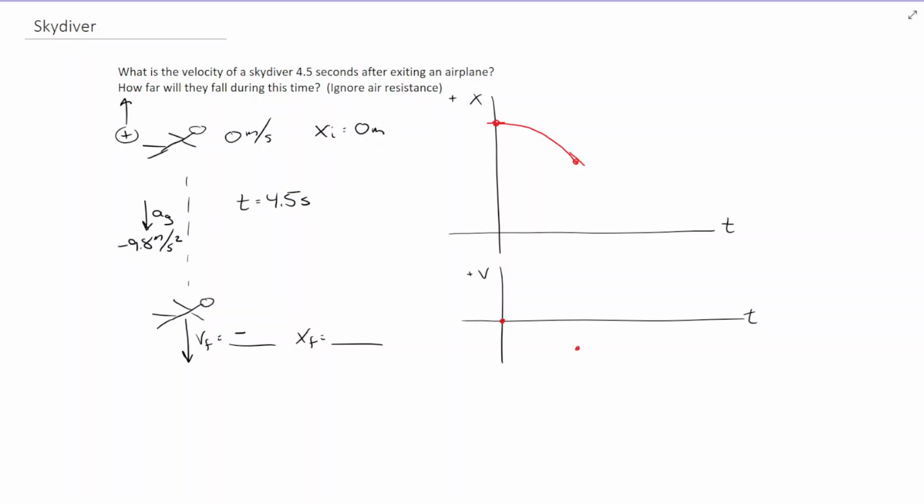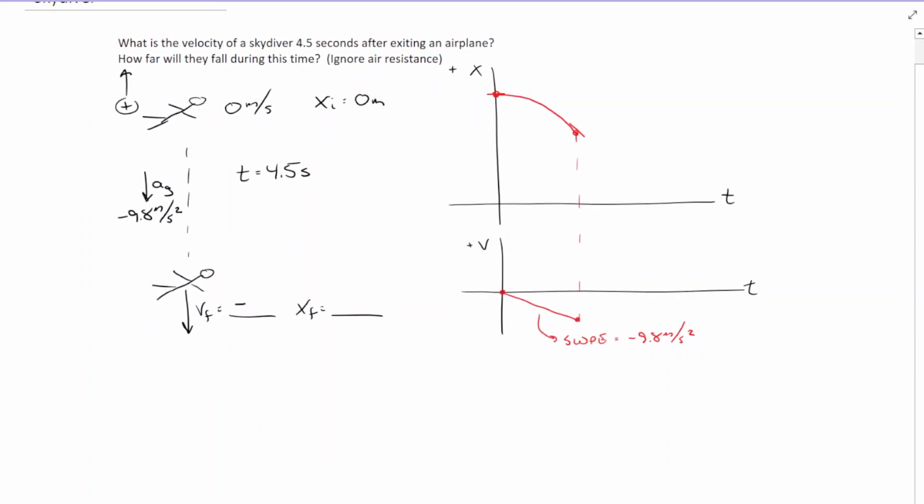So I can plot a data point that happens at the same time below 0 in the negative direction of velocity. And we know that that velocity, because it's gravity, is changing at a constant rate. The slope on this graph is the acceleration, and it would have to be negative 9.8 meters per second squared. So ultimately, we've got a good position-time graph.